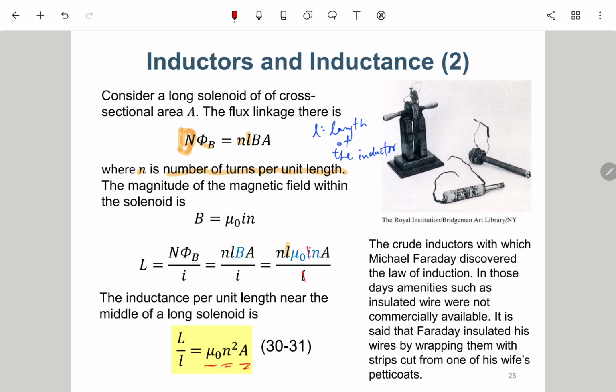So you can expect the coil can be big if you need a large inductance. And of course, rather than making it denser or giving it a larger cross section area, you can also make it longer so that the total inductance is also larger.